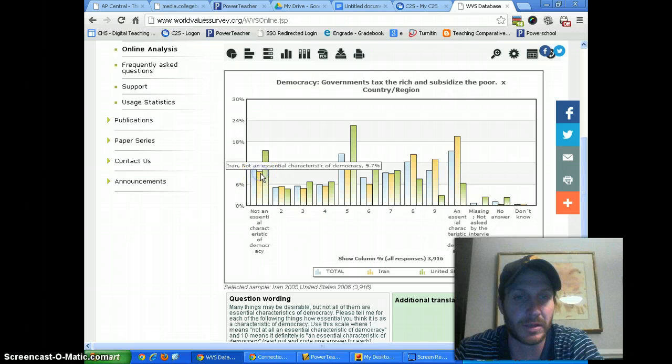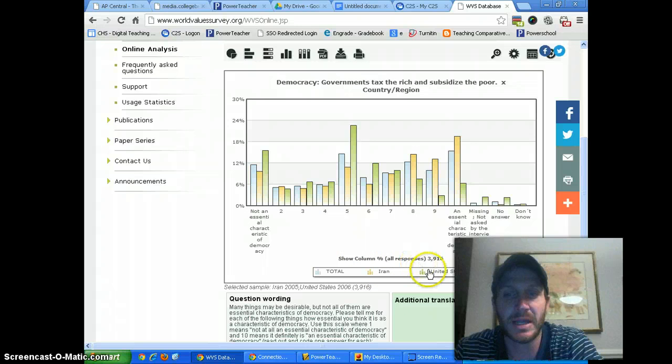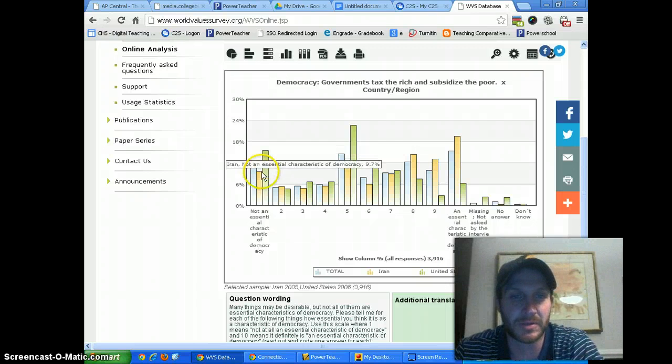So let's look at this survey here for a second. Essentially, governments tax the rich and subsidize the poor. So if you look here, what's interesting, I found this to be interesting, is that more people in the United States think that that is not an essential characteristic of democracy.